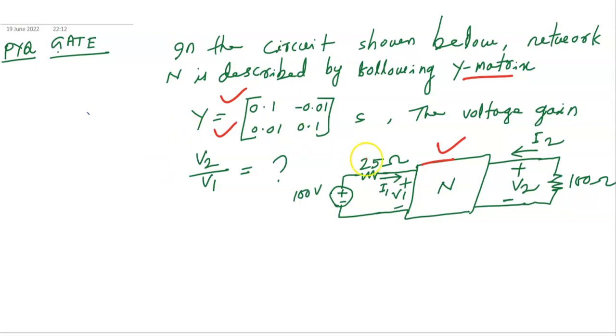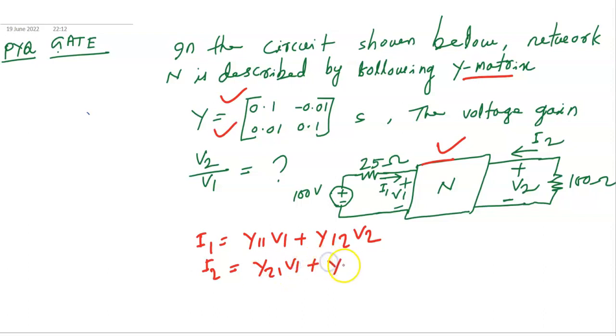So once it has been given, we need to first write the basic equations relating to the Y parameters. We know that for Y parameters, I1 is equal to Y11 V1 plus Y12 V2, then I2 is equal to Y21 V1 plus Y22 V2.